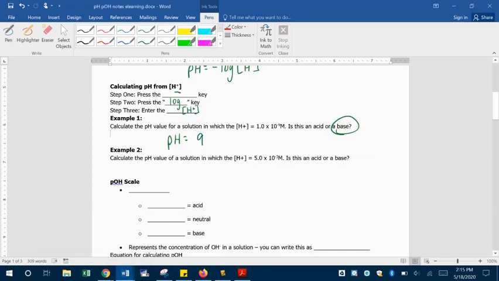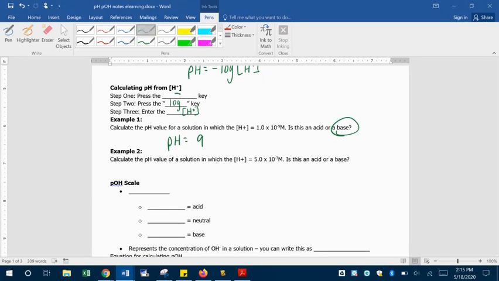And if you do that correctly, you should get a pH of 2.3. And the question, is this an acid or a base? Because our pH is less than 7, this would be an acid.